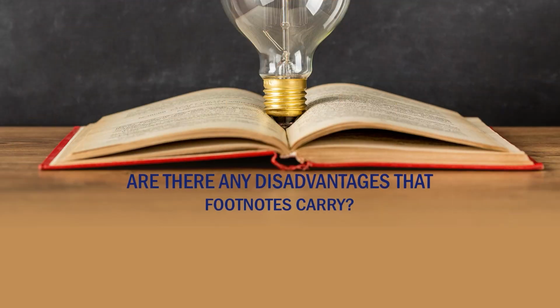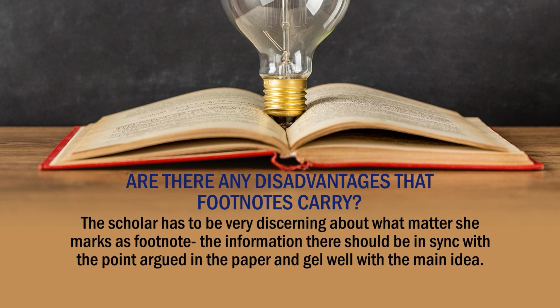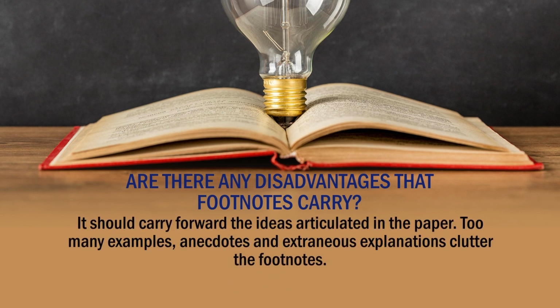Now that we have outlined the difference between footnotes and endnotes, let us consider the disadvantages, if any, of using footnotes. The scholar has to be very discerning about what matter she marks as footnote. The information there should be in sync with the point argued in the paper and gel well with the main idea. It should carry forward the ideas articulated in the paper.